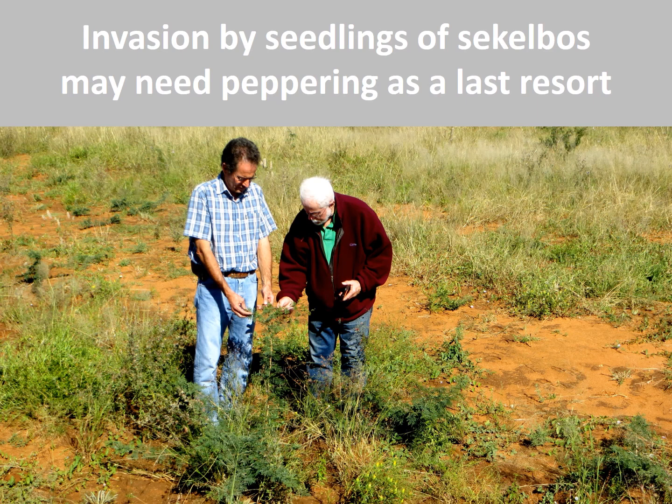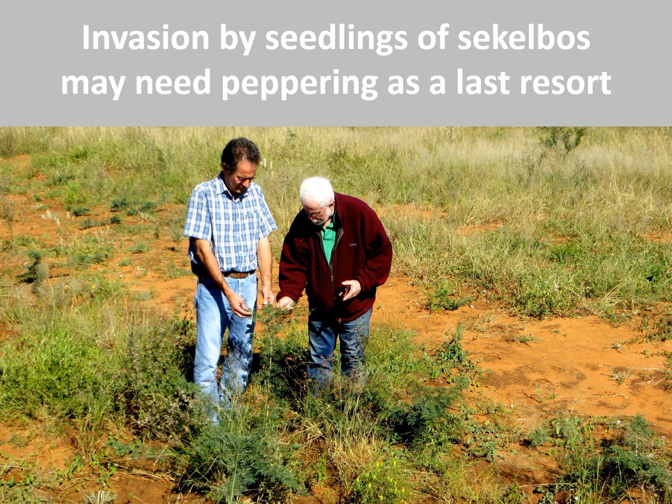Here was another thing. We were looking at this plant, and it's called Seckelbos, here locally. In some parts, I understand it's called Kalahari Christmas tree. This is the one that punctures tractor tires.